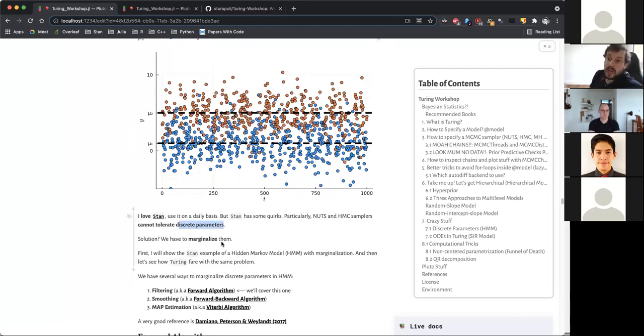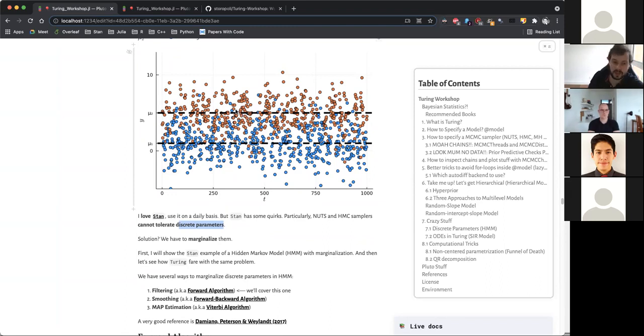Solution: we marginalize them with the law of total probability. We don't know the probability of a state, so we marginalize. We sum or integrate. This is a discrete parameter, so we sum all the probability of the states, and then we have the whole probability.